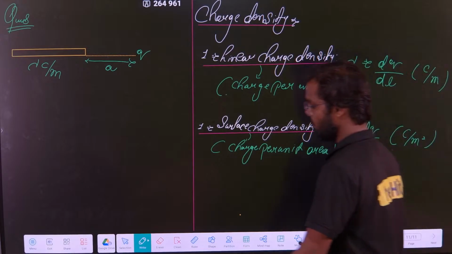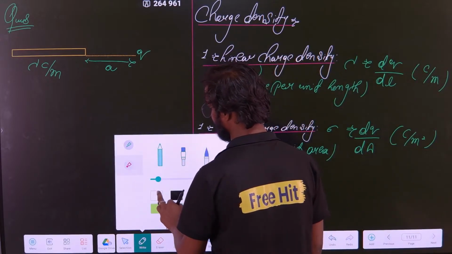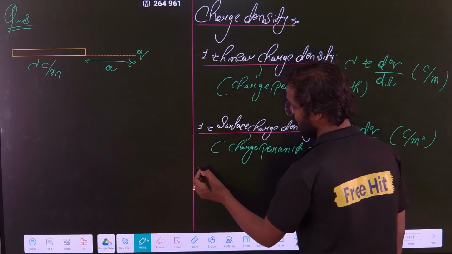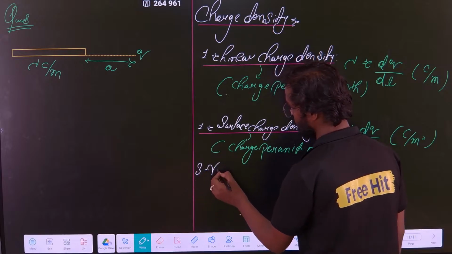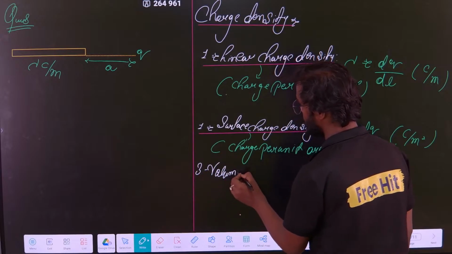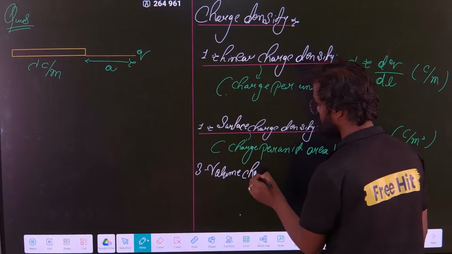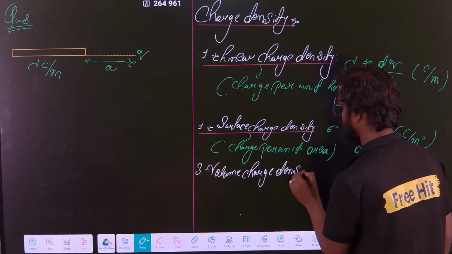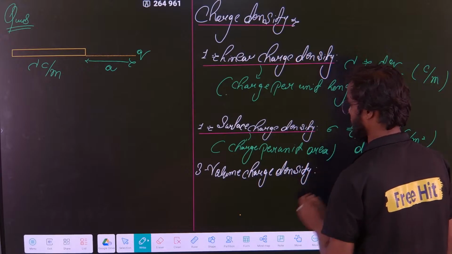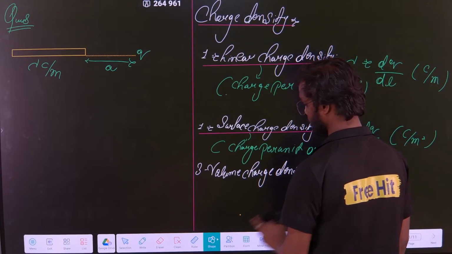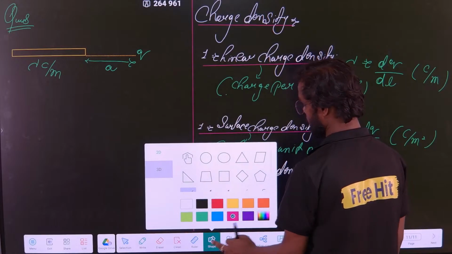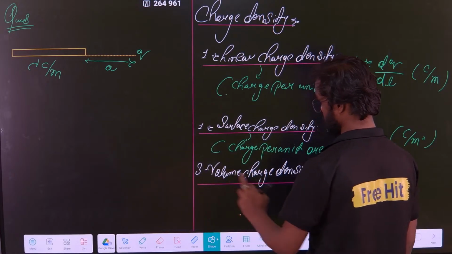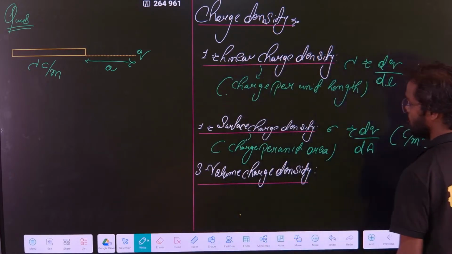Similarly, we have another type of density, called volume charge density. What do you mean by volume charge density?